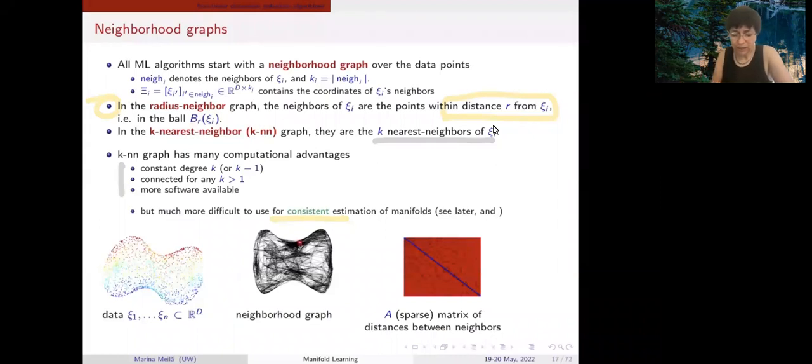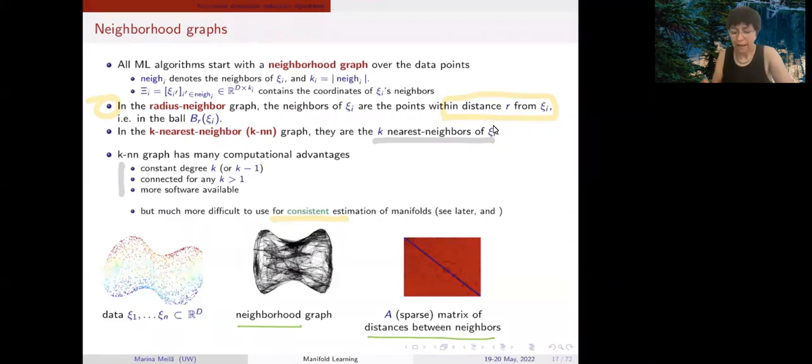But if we choose the right radius, then we construct this graph. And in addition to this graph, we also construct a matrix of distances. Yes. And this matrix is sparse because we only care about the distances between neighbors. We do not care about distances between points that are not neighbors.